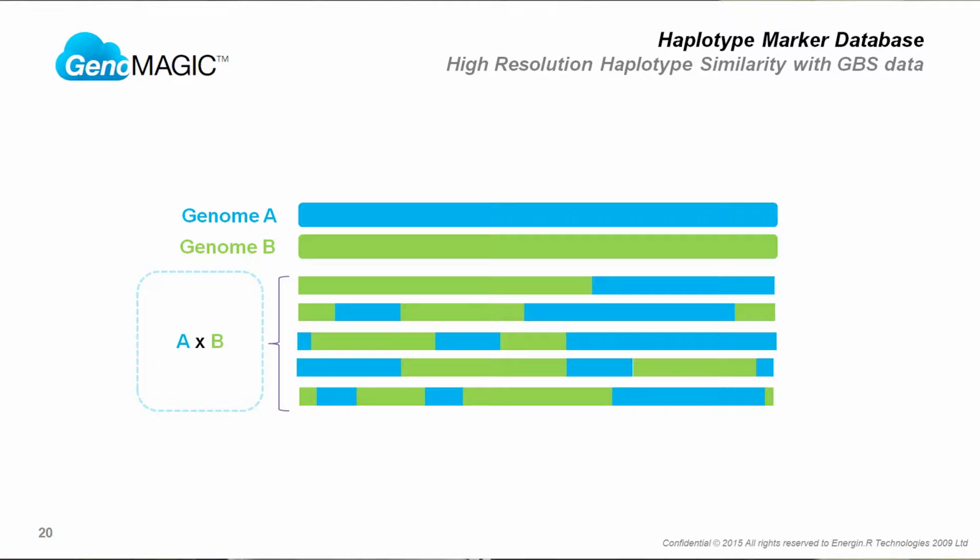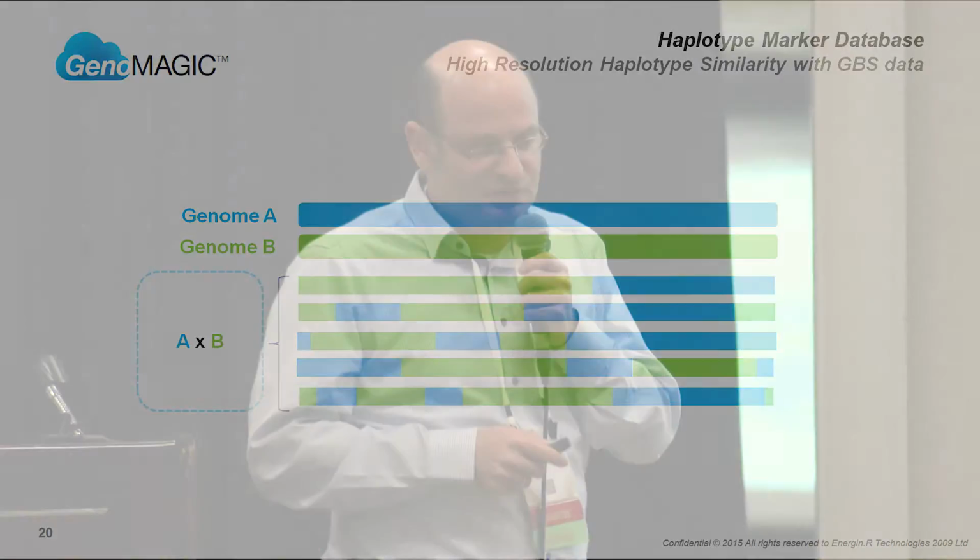So when you're moving between a collection that matched genome A to a collection that matched genome B, it's a very sharp change, and you can detect exactly the points at which the change happens. It's very, very useful. And that's bringing us to mapping.